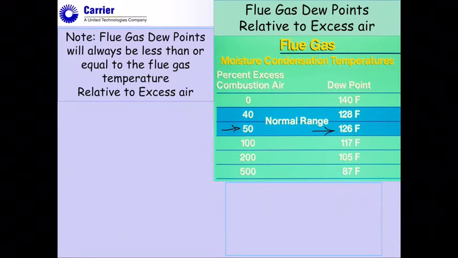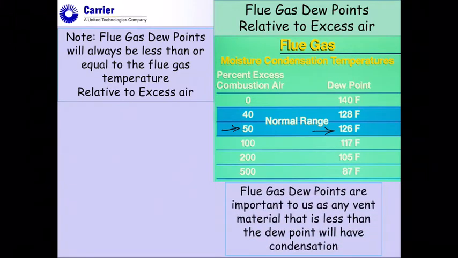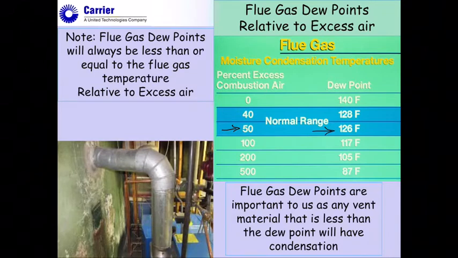However, if you were dealing with a condensing type furnace, you could have a stack temp that might be 95 or 100 some degrees with the same amount of excess air, and your dew point would actually be lower than that, because the air would be so saturated is really what it comes down to.